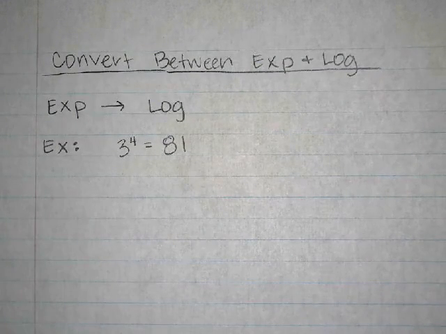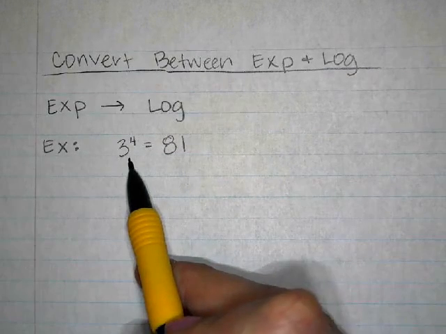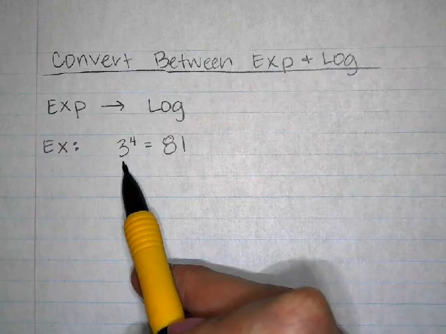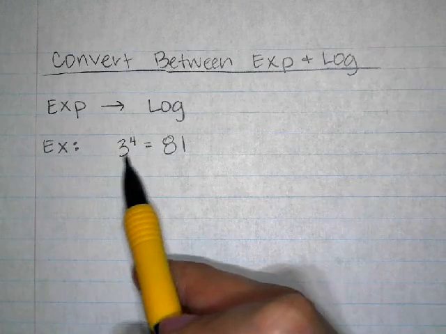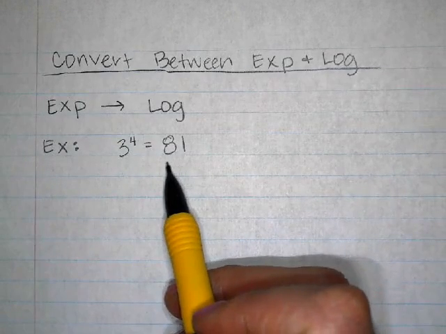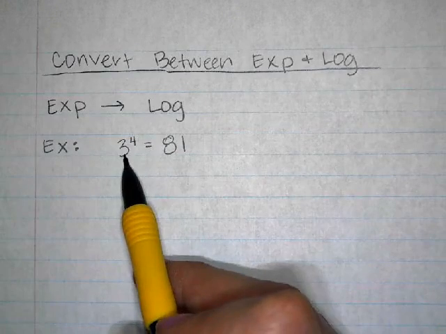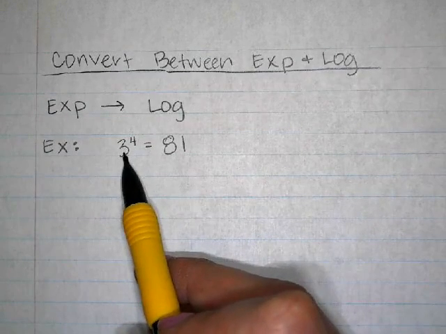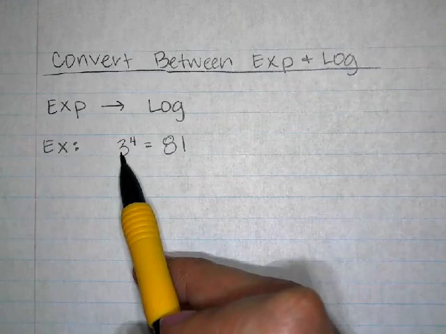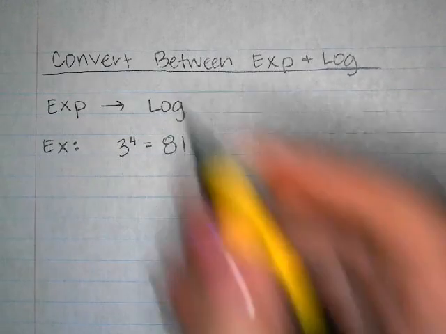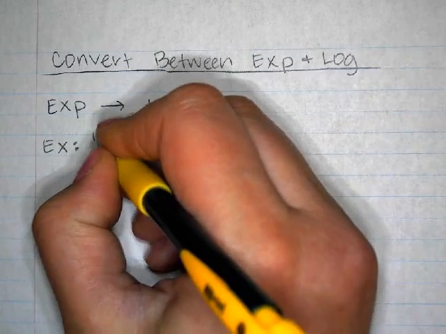This is an exponential fact that is true. 3 to the 4th power is 81. That's a true statement. And so to convert this into log form, I just have to use log with the same base. This has a base of 3, so I'm going to do log base 3. And whatever I do to the left side of the equation, I have to do to the right side of the equation.